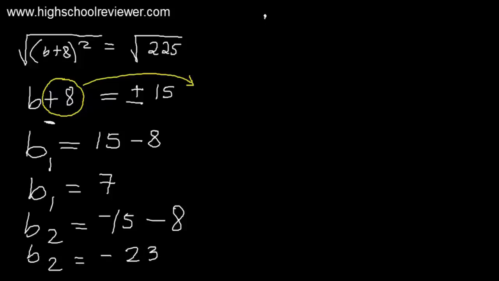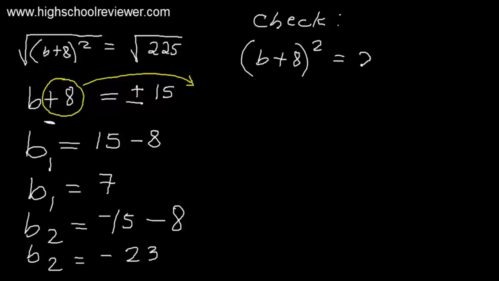And then let us check if our answers are correct. So our equation is this: b plus 8 raised to the power of 2 is equal to 225. So our first b, we have positive 7.